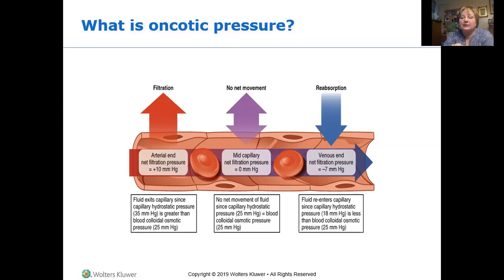When your patients are really sick because of that, they probably have very low blood pressures because we don't have enough fluid within the intravascular space. Yet the patient is very swollen because it's hard to get the fluid back out of the tissue into the blood vessels, so the blood vessels are going without fluid. Even though your patient is edematous, they would probably have a low blood pressure. So understanding oncotic pressure is really important.